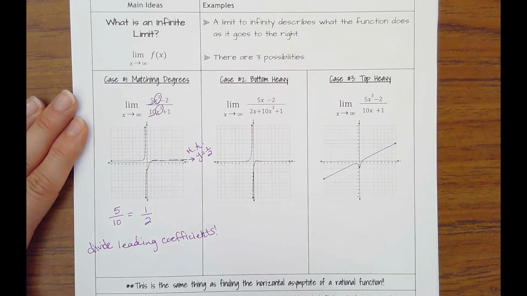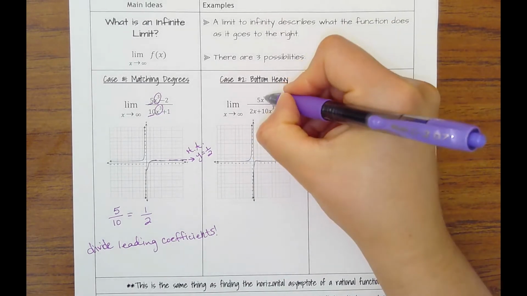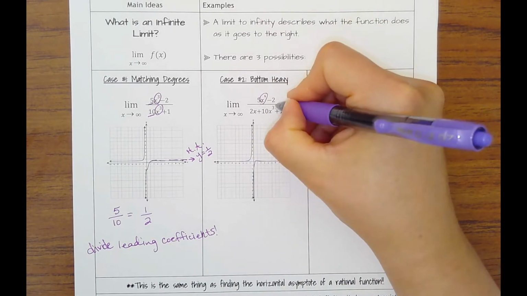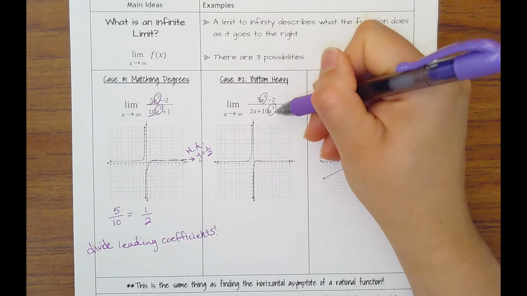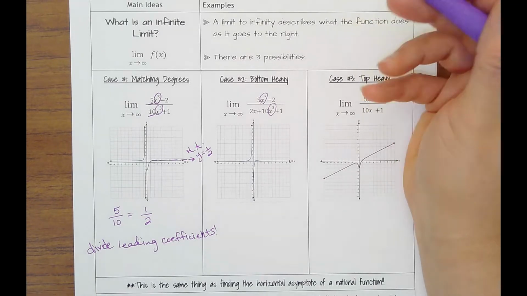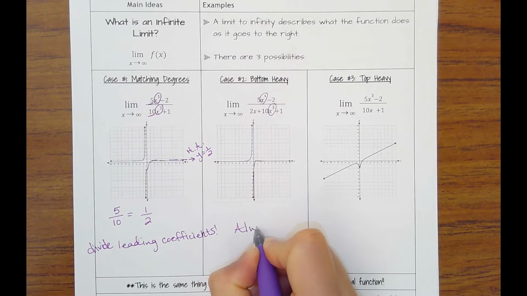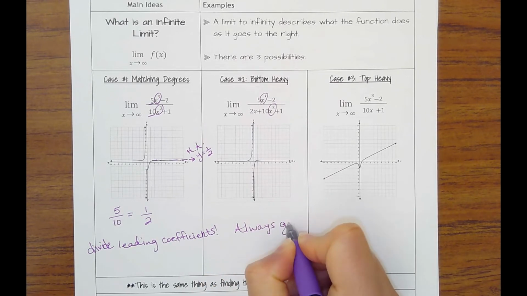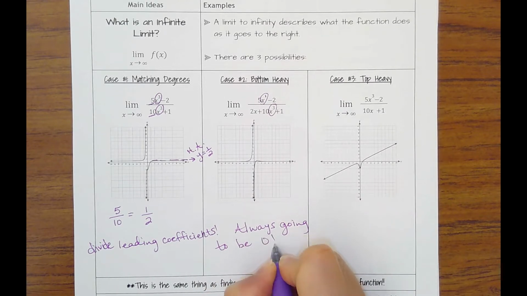Okay, the second case, if it's bottom heavy, is what I called it, is saying like this has x to the first, and this has the highest exponent, x to the third. So that it's got a higher power on the bottom than it does on the top. In this case, it's always going to be zero.